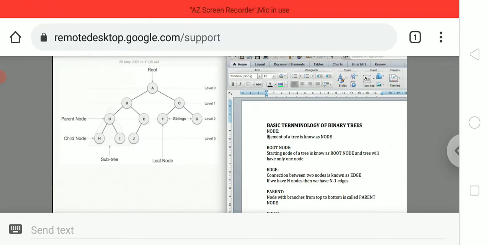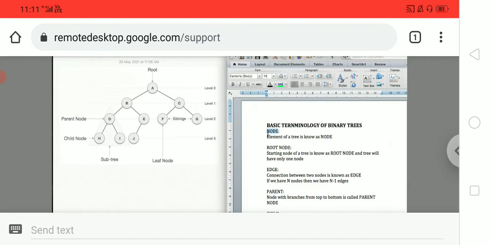Now let us discuss the basic terminology of a binary tree. We have many terms like edges, root, leaf, node, parent, child, siblings, etc. We can discuss each and every terminology. First one, node.